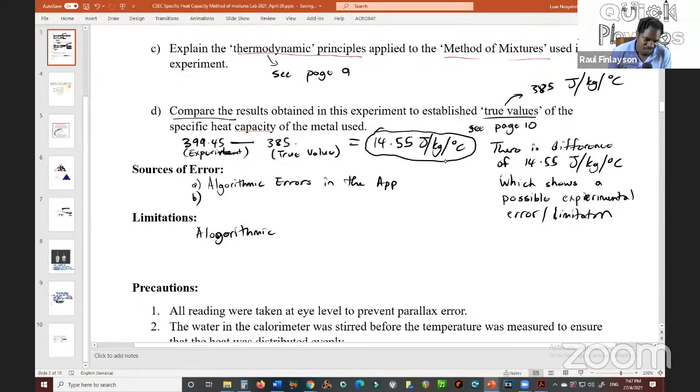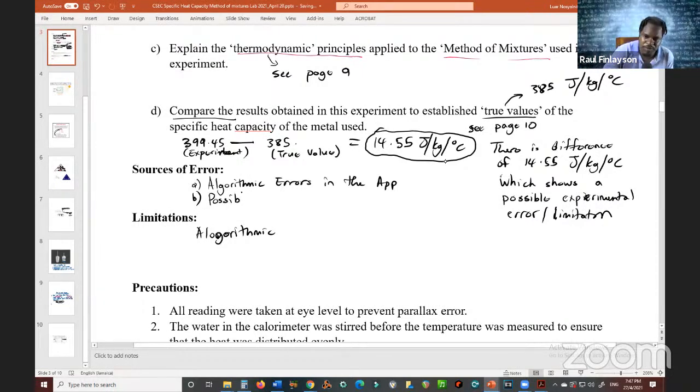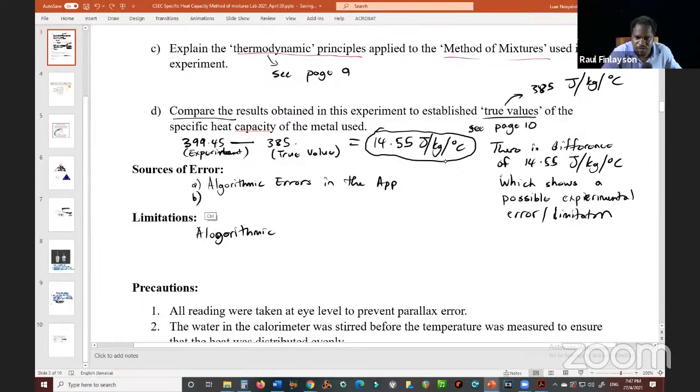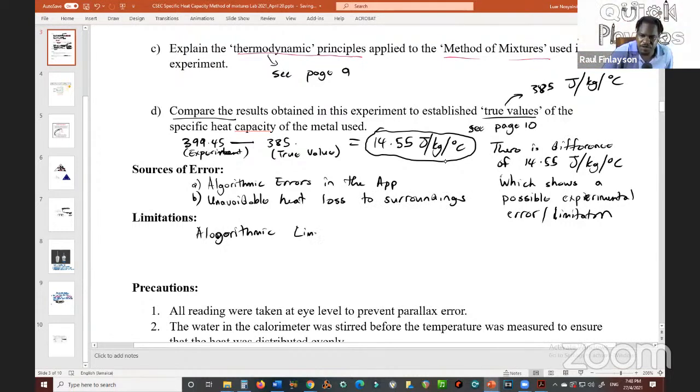So there are a lot of limitations. And then of course, possibly heat loss to surroundings. Remember, we transferred the hot metal to the calorimeter, so some heat would have been lost there. In fact, unavoidable heat loss to surroundings. That's what we put. And of course, algorithmic limitations.